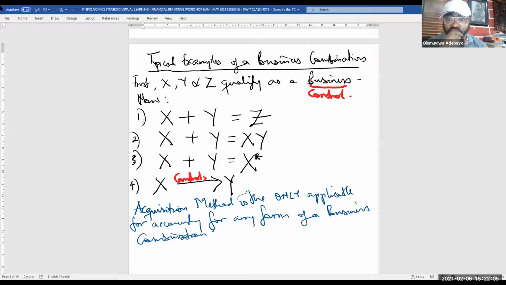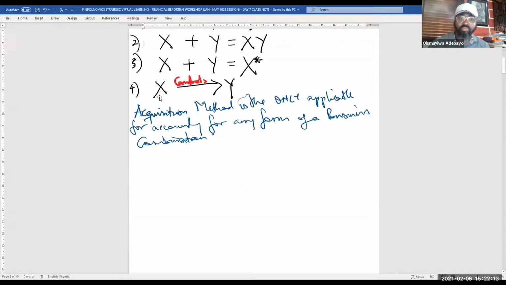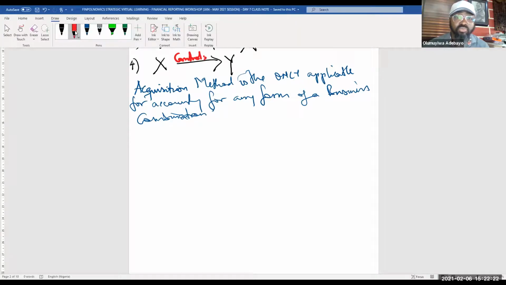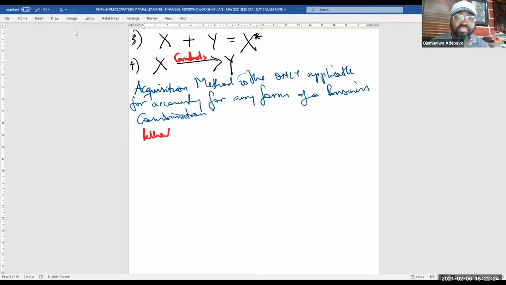But before we go into acquisition method, let us ask, what form can a business combination take?